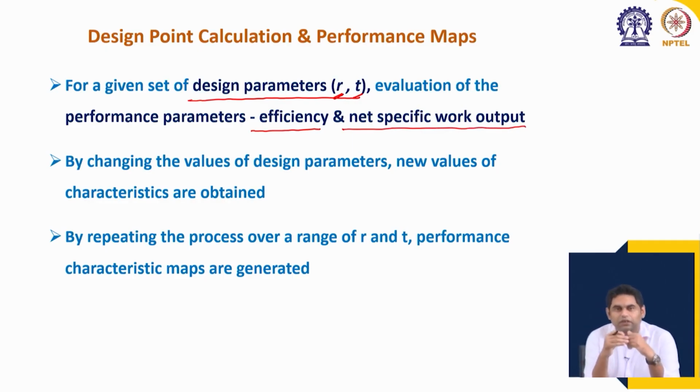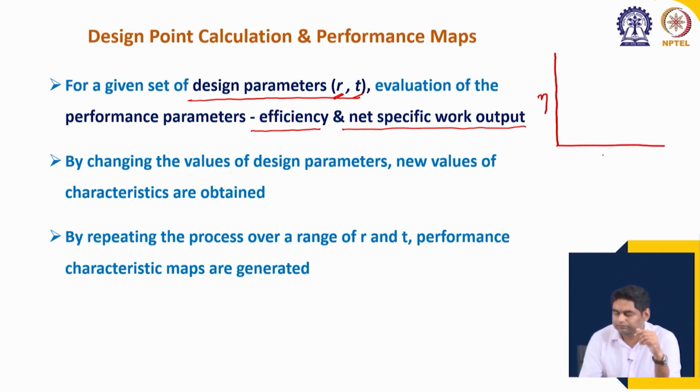We have done this in dimensional form, but it can be easily non-dimensionalized by dividing by Cp into T1. So, if we are thinking in terms of efficiency, for a given value of R and T, let us say T is 5, we obtain the efficiency, let us say some value like 0.48, which we will see later for the simple Brayton cycle.